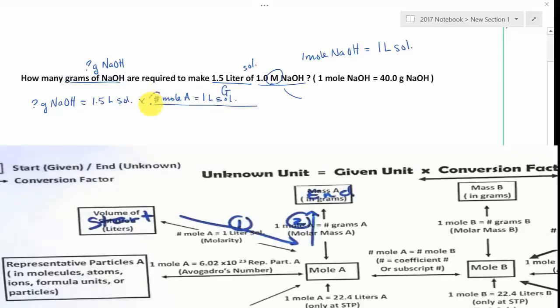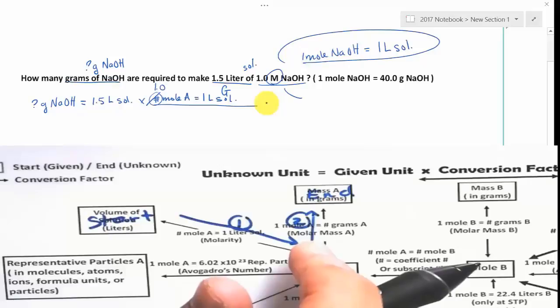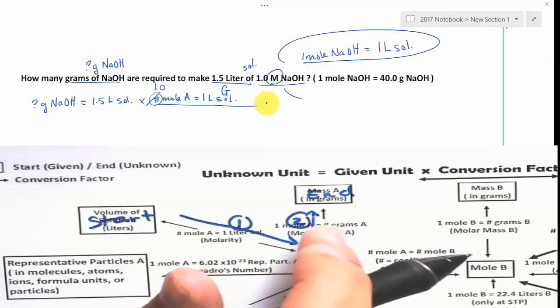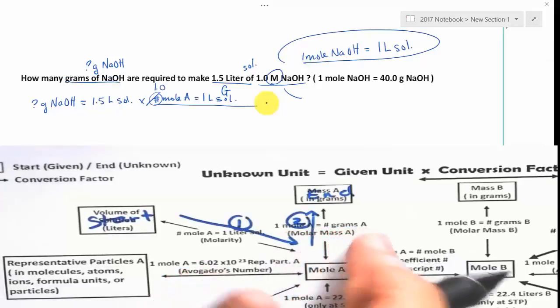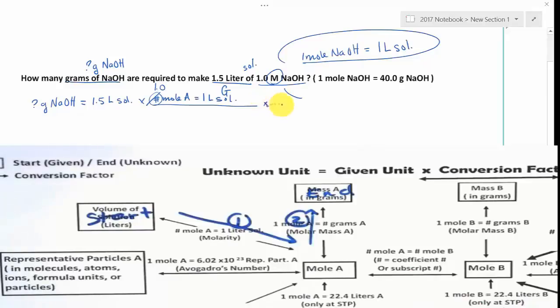Well, in this case, that number right there is actually your molarity. So it's not just a number, but it's actually 1.0 mole. So see how that's being used as a conversion factor? Then we multiply to the second conversion factor, which is 1 mole of A equal to the number of grams of A. So we have that.